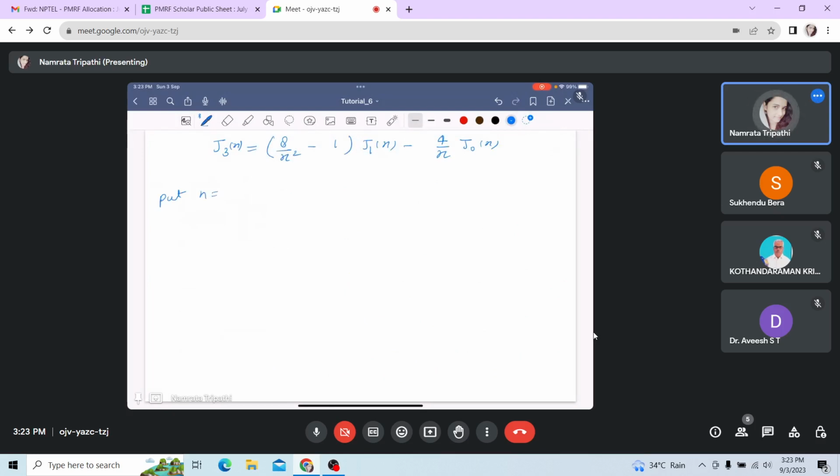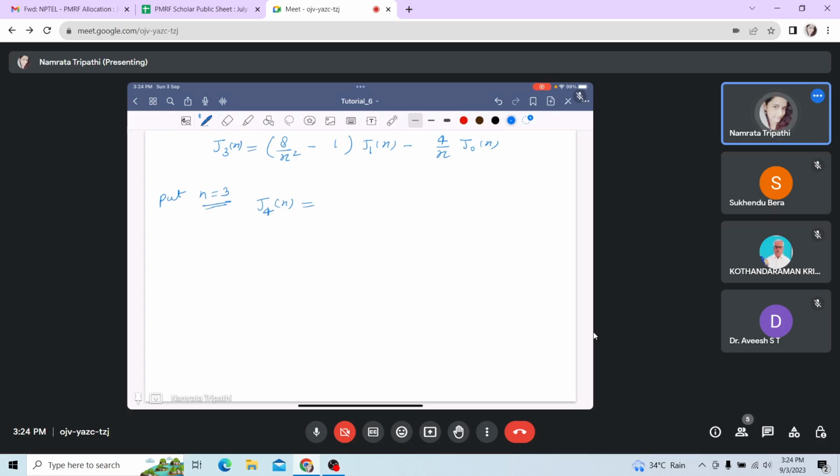These types of questions you can solve using this recurrence relation, and for higher values of n, in terms of Z0, Z1 you have to back substitute Z2, Z3.